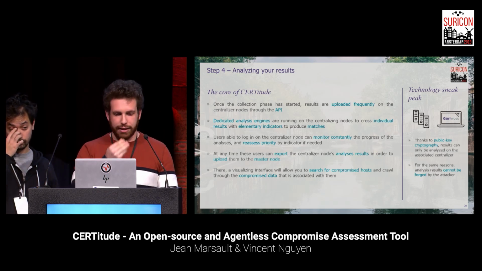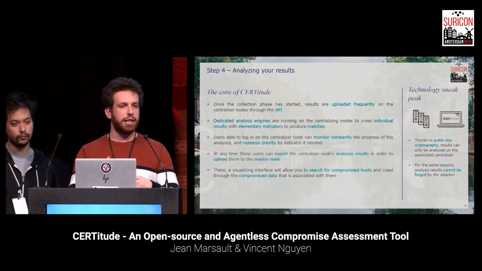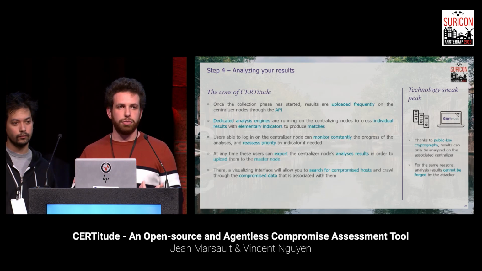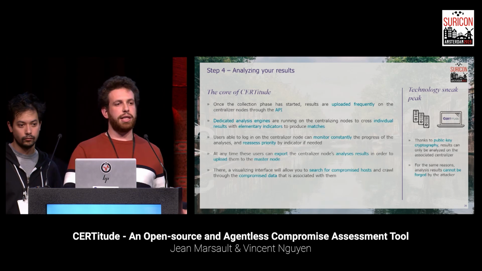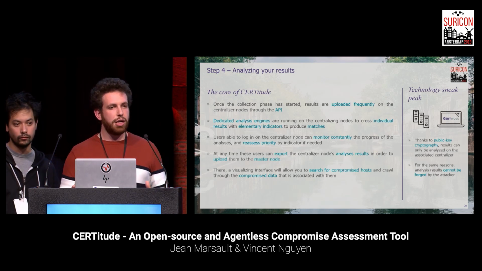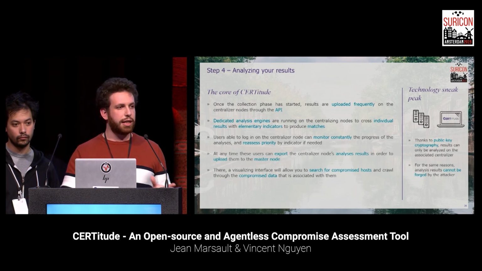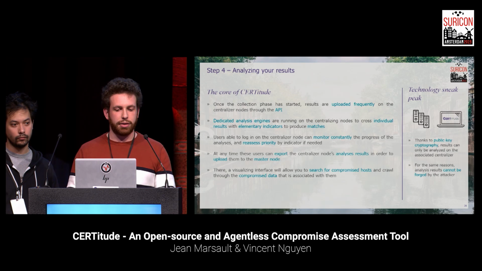Users can log in on the centralizer nodes to see the progress of the analysis, and they will be able to export the analysis results back to the master node so that they can see a global visualization of every host that may be compromised with the current attack profile.